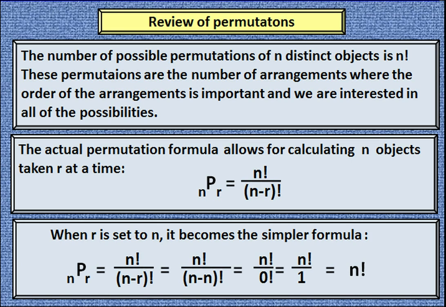When r is set to n, it becomes nPn equals n factorial over the quantity n minus n factorial, which is equal to n factorial divided by 0 factorial, which is equal to n factorial divided by 1, which in turn is equal to n factorial.